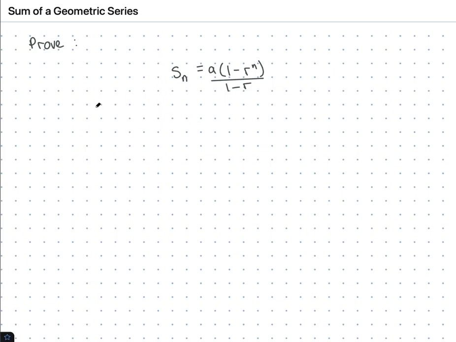So the first part of a geometric series, remember the first term is just called a. What's happening in a geometric sequence is that each time it's being multiplied by r. So the next one will be ar. Now what we're talking about here is the sum of all of them. So we're not just going to say a, ar, we're going to say a plus ar.